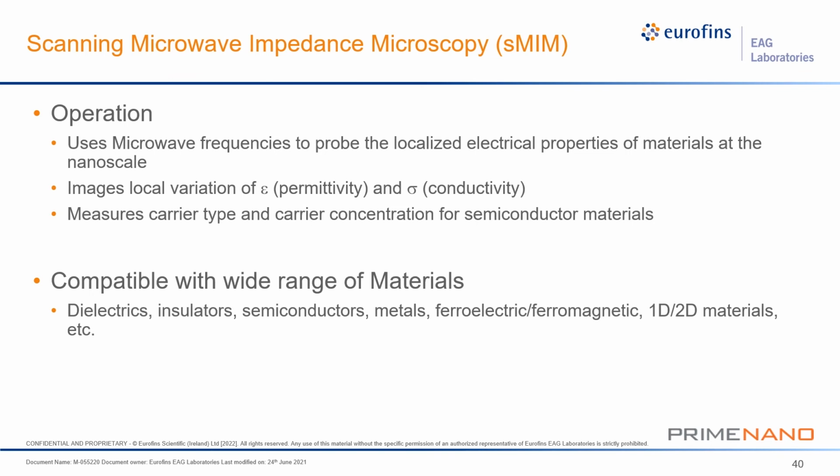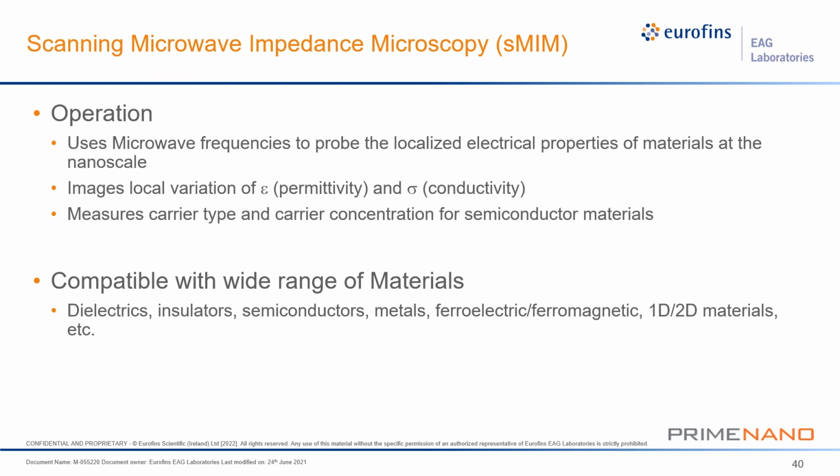So scanning microwave impedance microscopy, or SMIM for short, is a near field AFM technique wherein microwaves are sent through an AFM cantilever to probe local electrical properties, i.e. the permittivity, which can be converted to capacitance, and conductivity with nanometer scale resolution. The measured properties themselves can be converted to type of charge carriers and concentration for semiconductor materials.